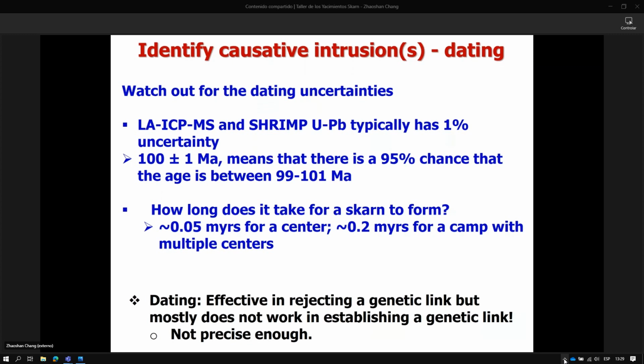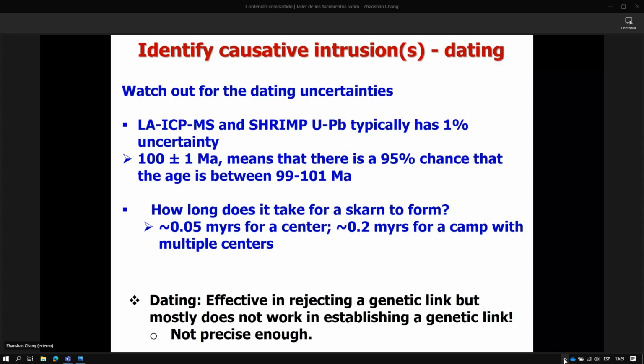They can be related, or not related, because the range is too big relative to the formation time. So watch out for this dating. Do not misuse the dating and don't think it will solve everything.